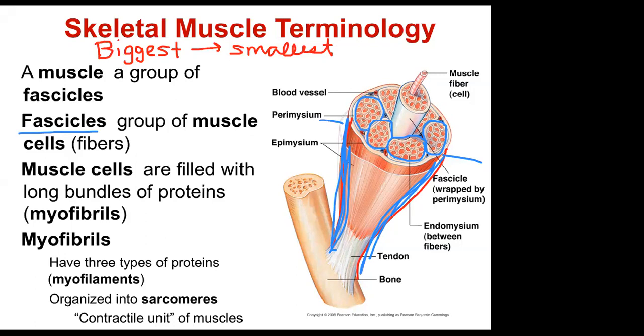And I do want to mention that oftentimes in physiology textbooks, authors will interchange the term muscle cell for muscle fiber. So if you do see the term muscle fiber, it's actually referring to an individual cell. I think that is a little confusing. So I try to use the term muscle cell in my class and ignore muscle fiber, just because I think muscle cell is more descriptive based on what we're talking about.